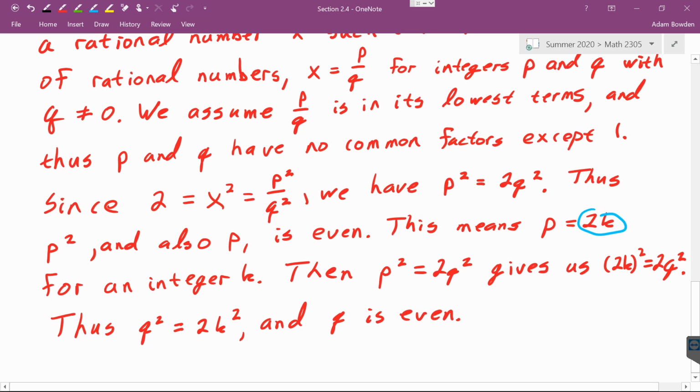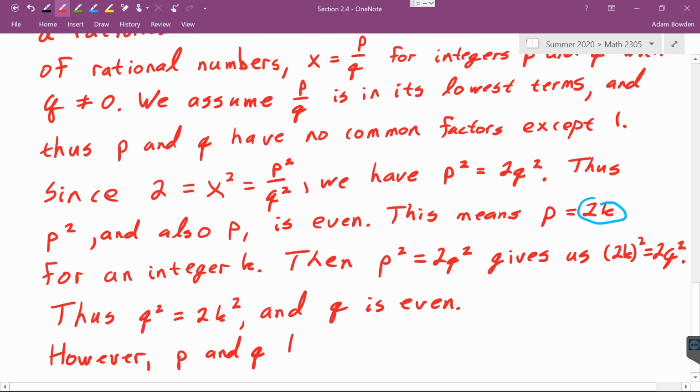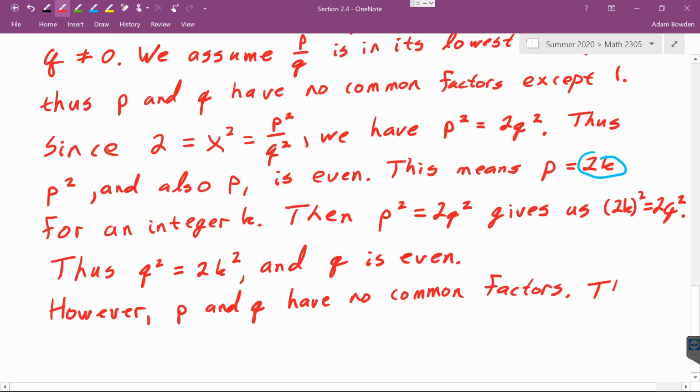And so, is it possible to say that they're both even numbers and not contradict something that we already said? However, p and q have no common factors. So they can't both be even because they'd have a common factor of 2. Thus, p and q as evens is a contradiction.